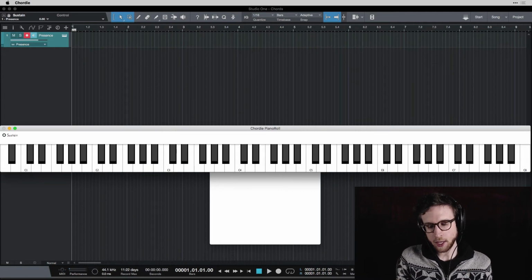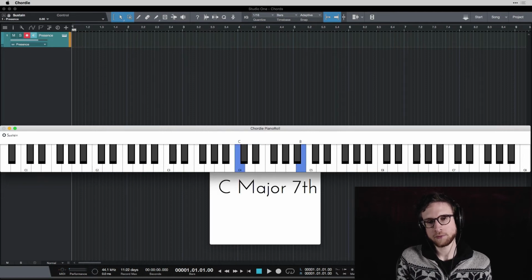And these relationships can also be called intervals. An interval is the distance between two notes. This is a small interval from here to here, and this is a large interval here to here. So this C major chord has this interval and this interval and this interval: between the first two, between the last two, and between the first and the last.